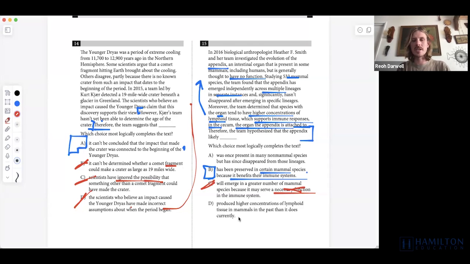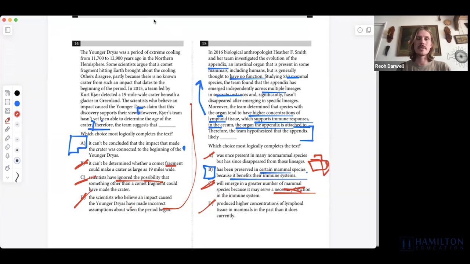There's an important distinction there. If you chose C, this is what we would call a too extreme distractor. All right. D kind of doesn't make any sense there. And then A is probably the closest thing to a baggage distractor, meaning it's not important. So B is our only answer choice which goes with the logic of the passage to make the logical inference that says, though it has been thought to have no function, it in fact does help with immune response.